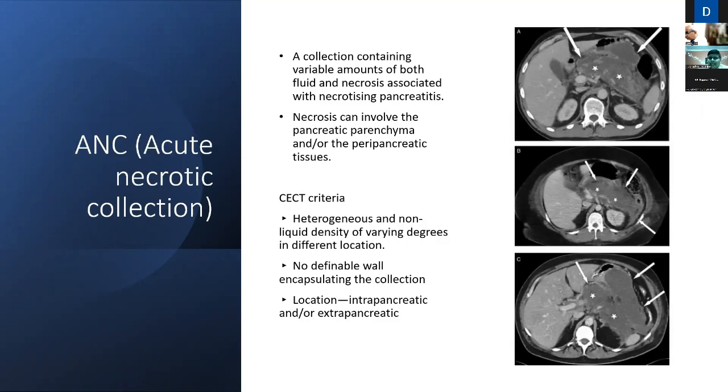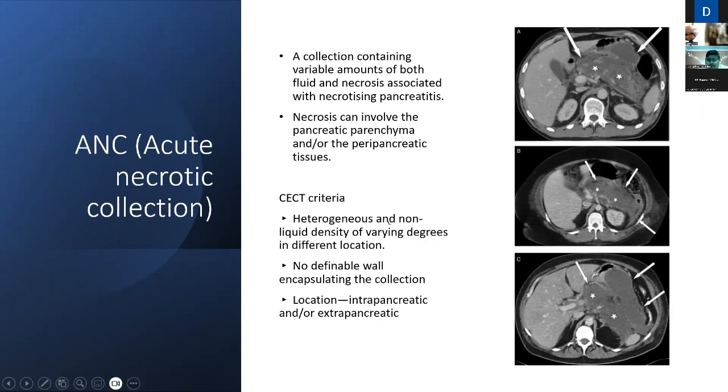Second is acute necrotic collections. This is a complication of acute necrotizing pancreatitis before 4 weeks. It is a collection containing variable amounts of both fluid and necrosis, and necrosis can involve both pancreatic and peripancreatic tissue.